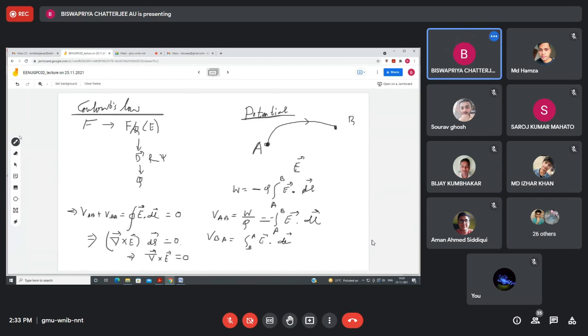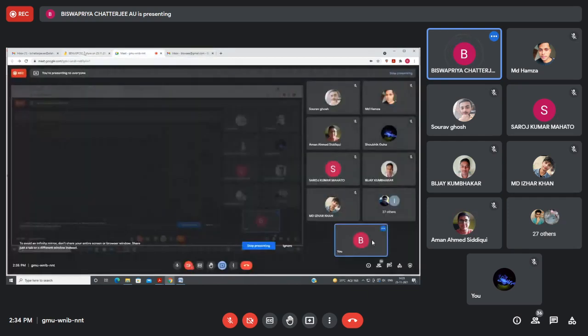This is a very crucial expression. That is why electric fields are always irrotational fields. Electric fields are irrotational.